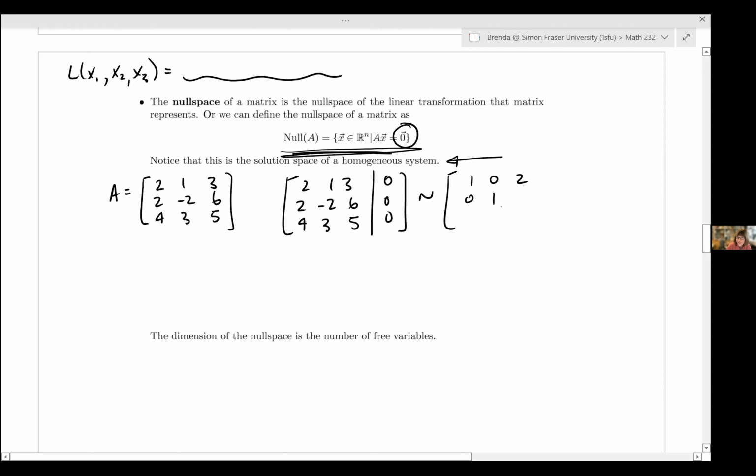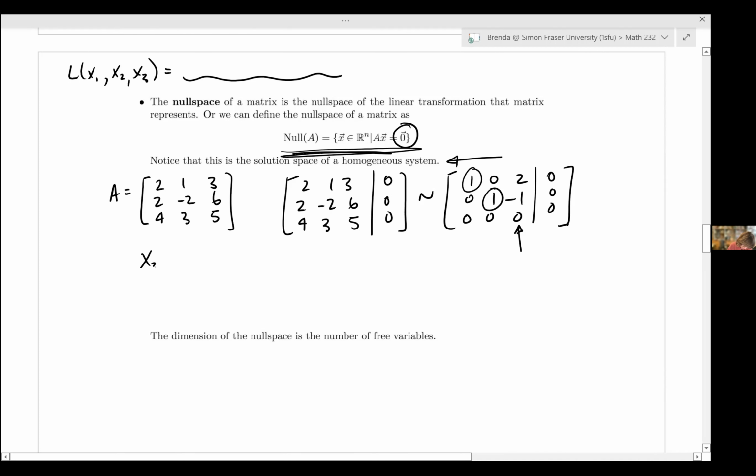Lots of opportunity for you to practice your row reduction procedures. Make sure that you can do this. Okay, there it is. I row reduce, and I've got my 2 leading ones, and then I observe that x3 is a free variable. Now I can write out the solution to this, and that is the null space.